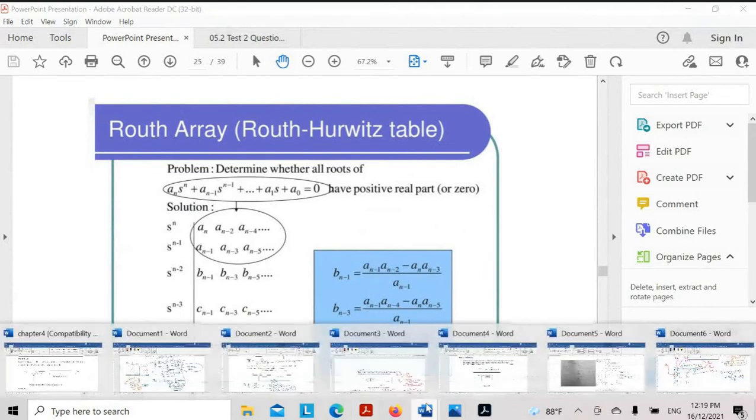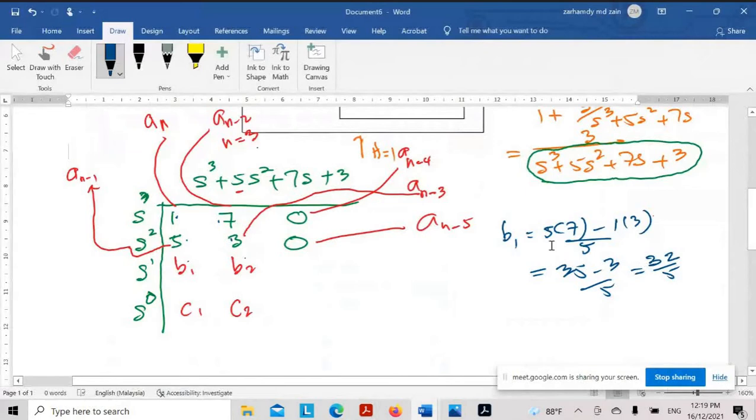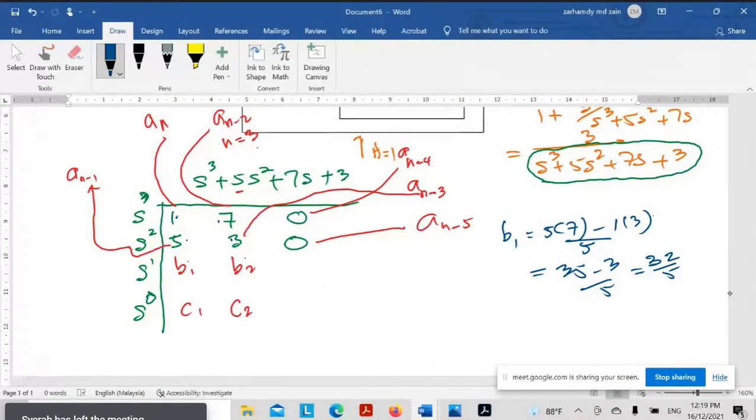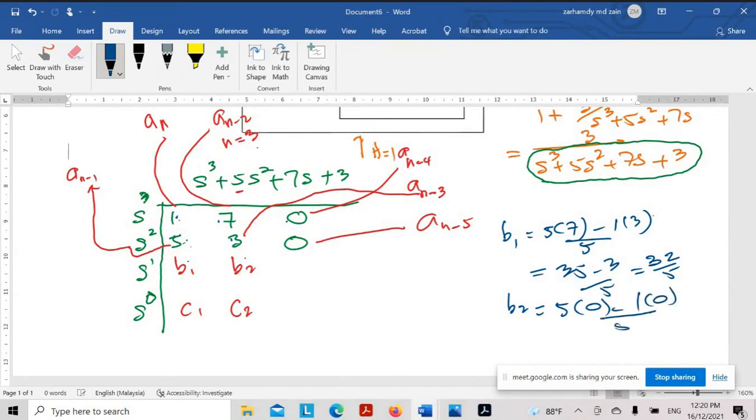So now we have B1 and we are looking for the value of B2. For B2, 5 multiplied by 0 minus 1 multiplied by 0 over 5. So we have 0. Tak ada. Now B1 we get 32 over 5.